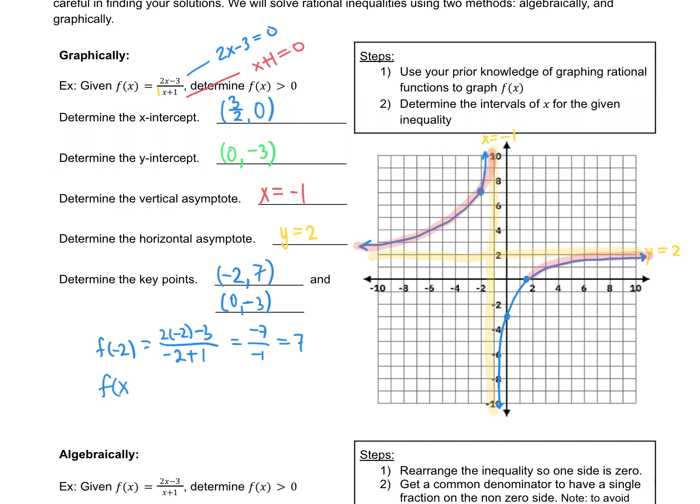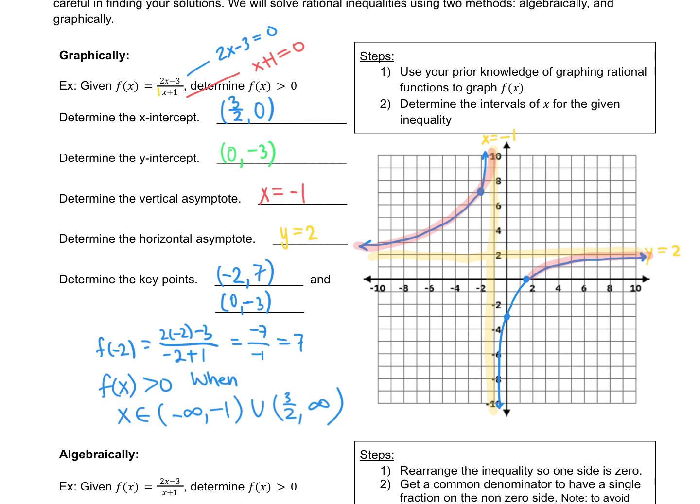So f(x) is greater than 0 when x belongs to (-infinity, -1) union (3/2, infinity). So that's your graphical approach, but we could also do this numerically using a sign analysis chart.